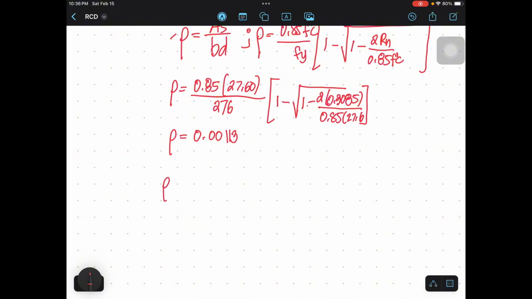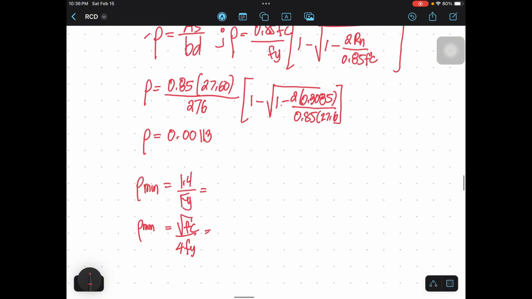So, yung minimum natin is either 1.4 over Fy or square root of F prime C over 4 Fy. Tingnan natin kung alin yung mas malaking value dito.